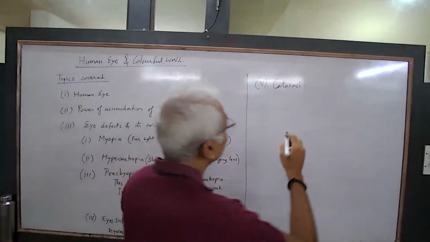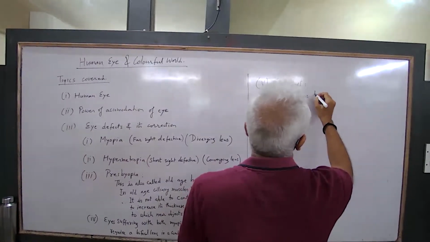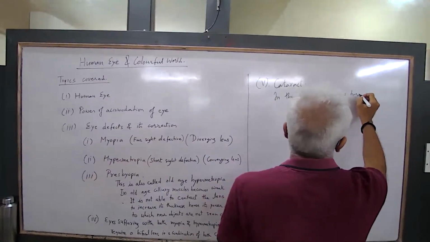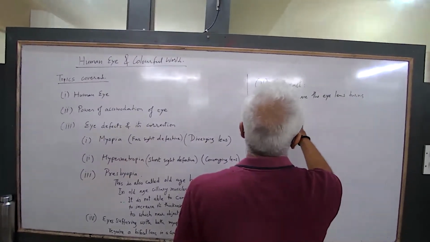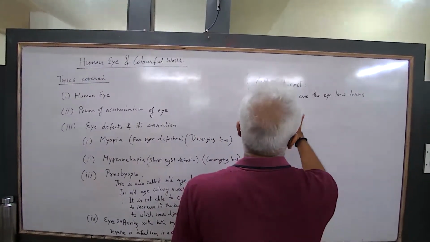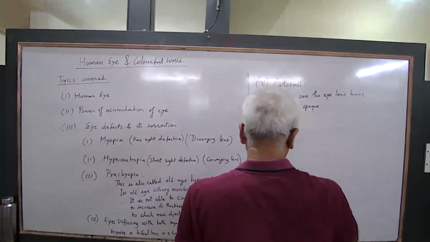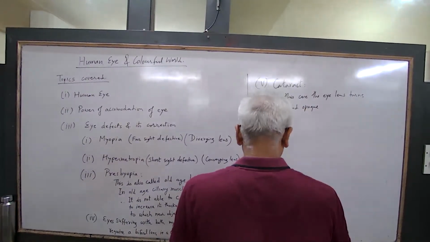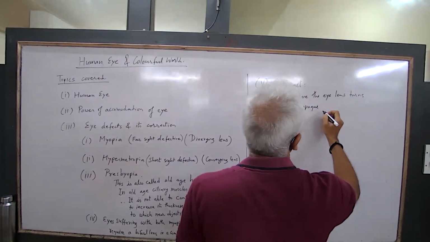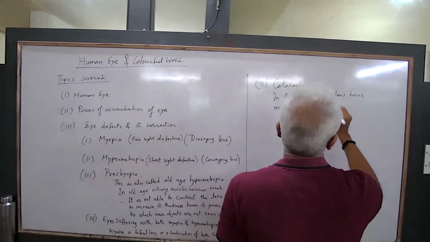In this case, the eye lens becomes milky and opaque. And also the lens hardness increases sometimes in some cases.